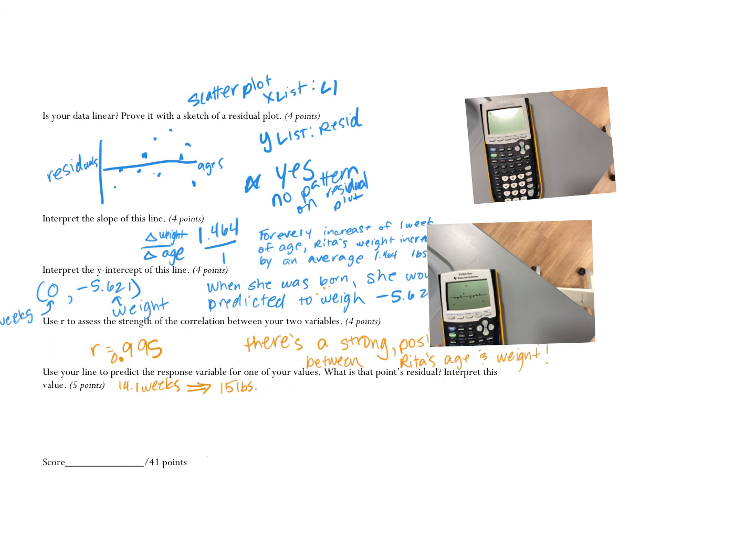Now, what does our equation say her weight would have been? What's our predicted weight? Well, we would do 1.464 times that 14.1 weeks minus 5.621. What'd you get? 15.0214. 15.02 pounds.